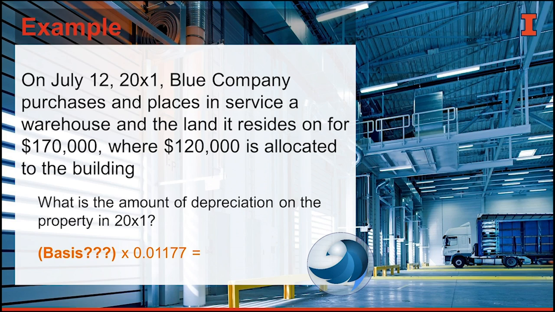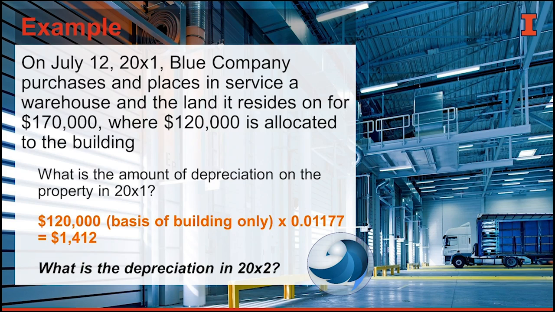So the basis we use for the calculation is $120,000. We take the $120,000 basis of only the building and multiply it by 1.177% to get $1,412. Therefore, in year 20x1, the first year of use, the warehouse will generate a depreciation deduction of $1,412.